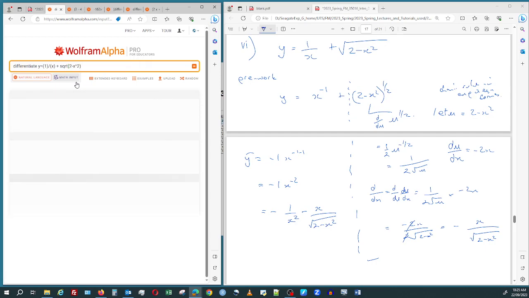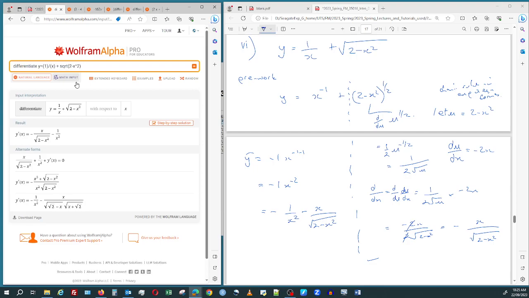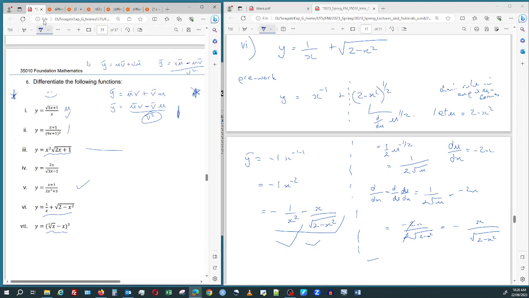Let's see what that looks like. Is it differentiating the same question? So we're pretty confident of that. And then what we've got here is minus 1 over x squared minus x over the square root of 2 minus x squared. So happy days, we got that. That's a very good result. We can do this checking to help us along. There's no problem with that.